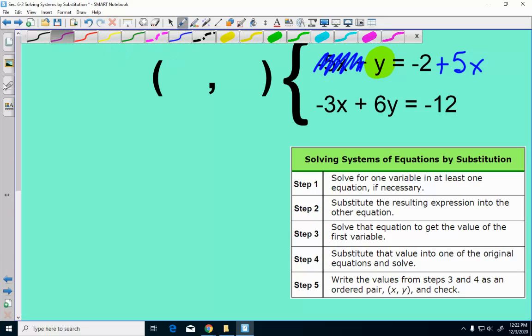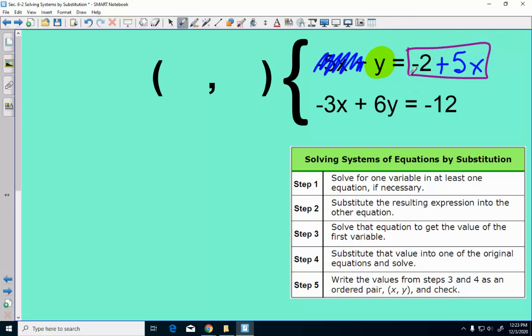No, you are not getting a decimal on this one. I have both variables. The 6y is not there.